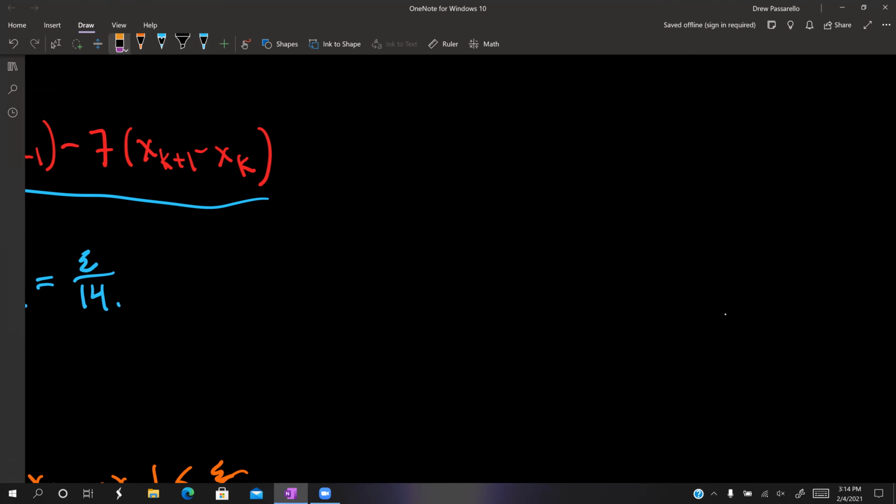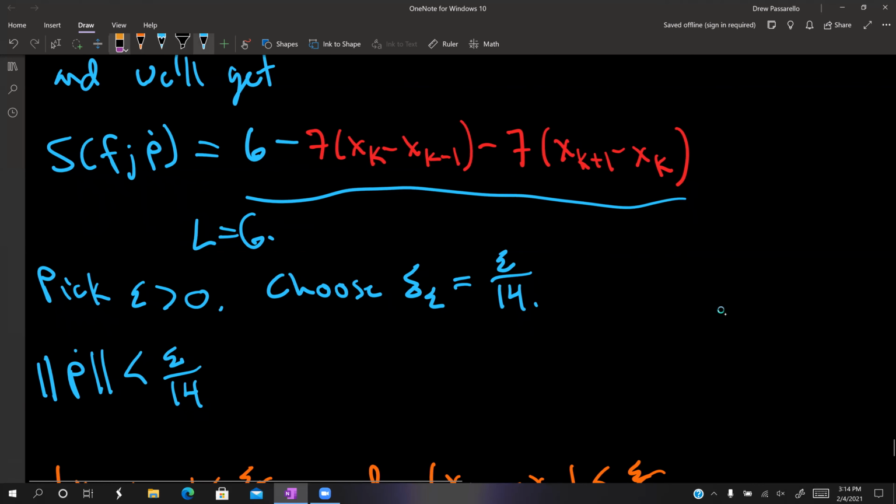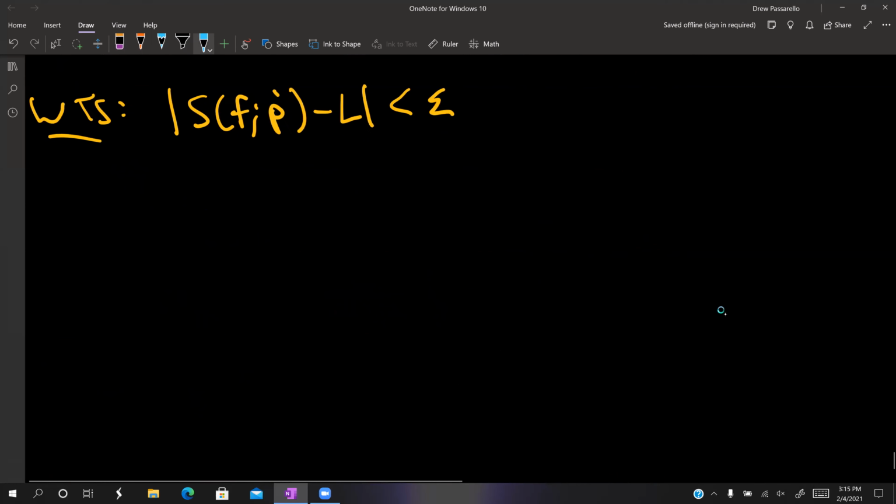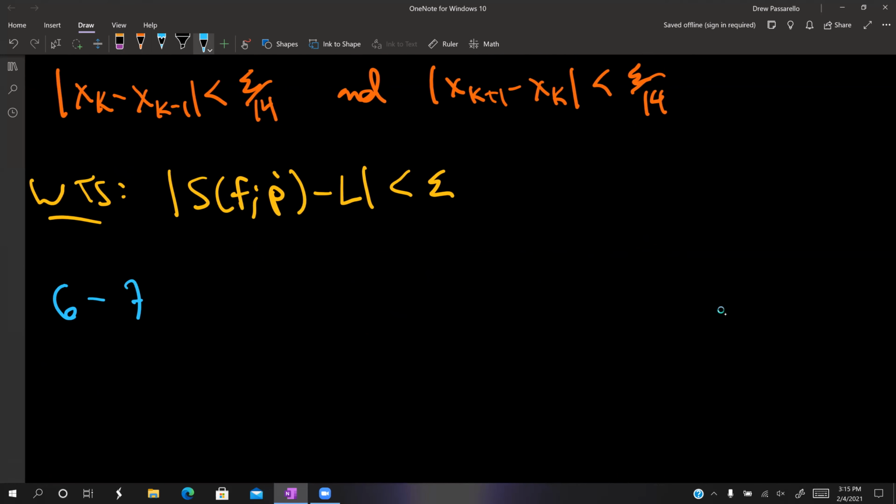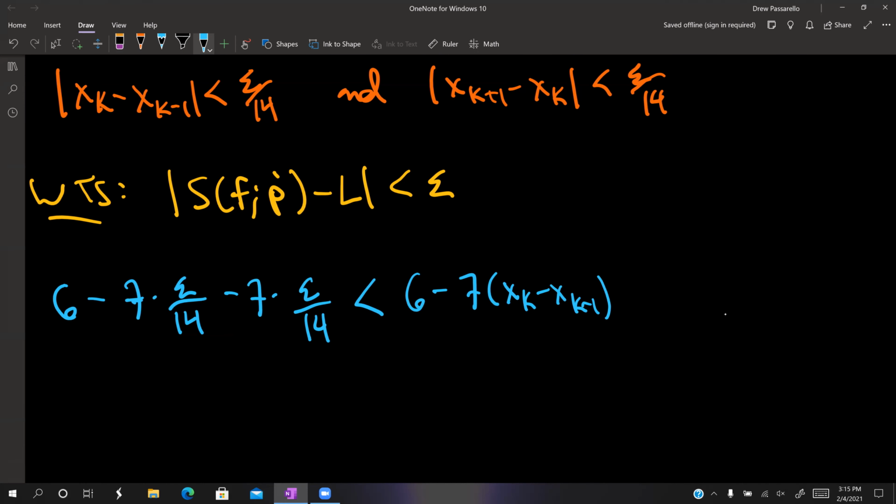So I'm saying that this 6 minus 7 times epsilon over 14 minus 7 times epsilon over 14, that is less than 6 minus 7 times xk minus xk minus 1 minus 7 times xk plus 1 minus xk.